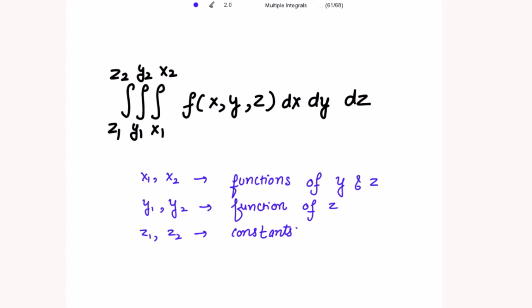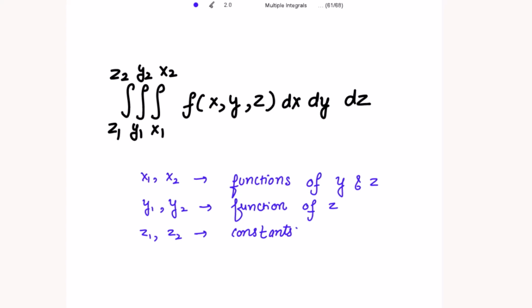Now if the limits of x, that is x1 and x2, are the functions of y and z, then we integrate this integrand with respect to x first, but by keeping y and z as constants.